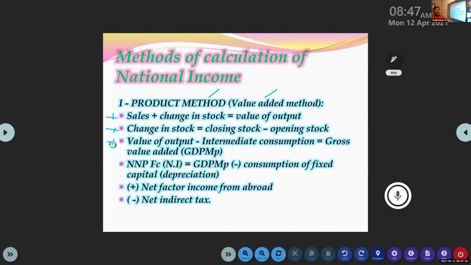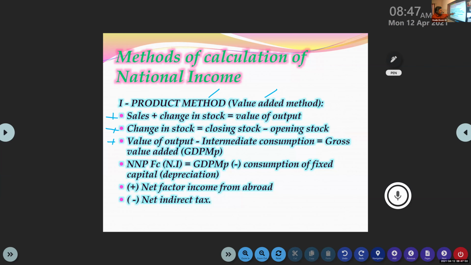We know the idea of gross value, right? Just go back to your notes and check the difference between these two ideas, net and gross.